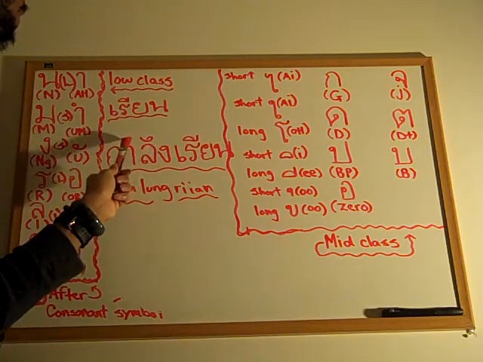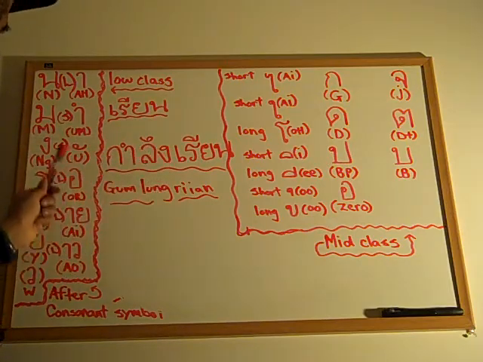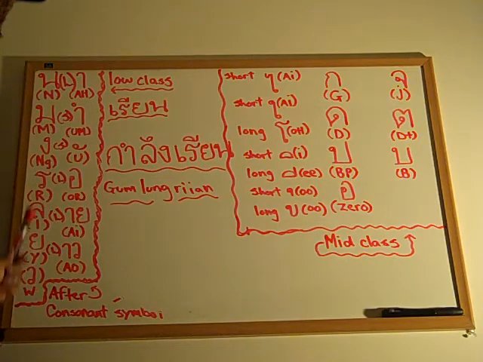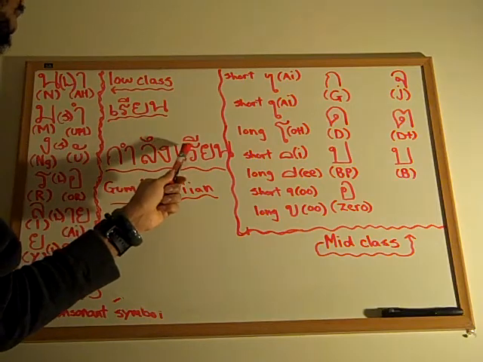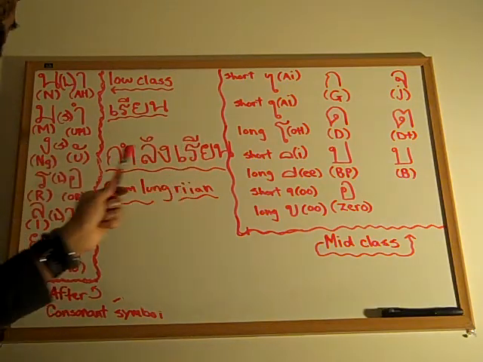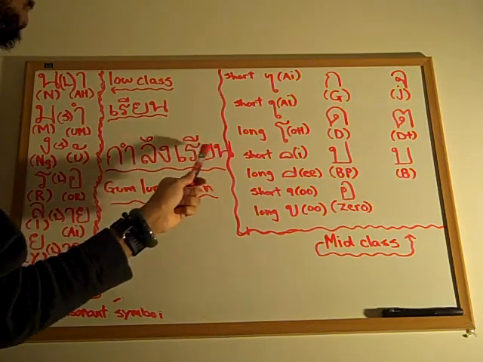And gum lung, and the ng, nasal. This ng here, where is it? It's over here somewhere. Here, ng, gum lung, and then rien. So the r, and then the y, rien.